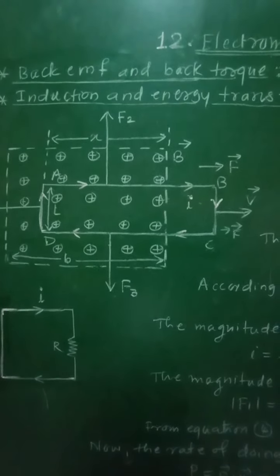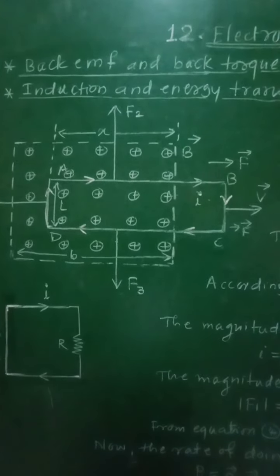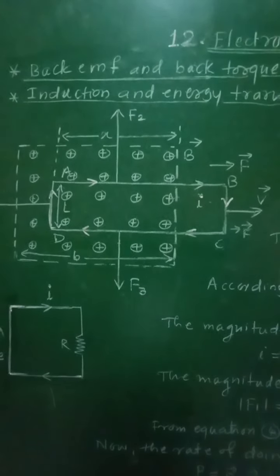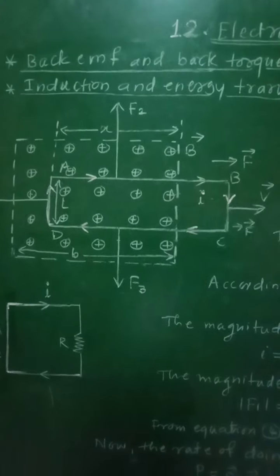As the motor starts speeding up, the back EMF increases, and at the same time the armature current decreases. Hence, the current in the motor is larger in the beginning, that is during the starting of the motion of the motor, than when the motor is running at full speed.